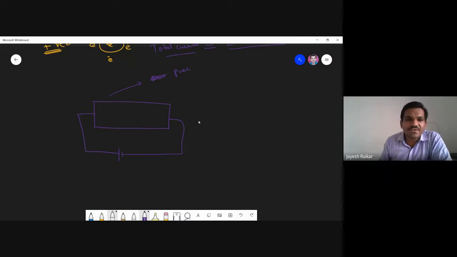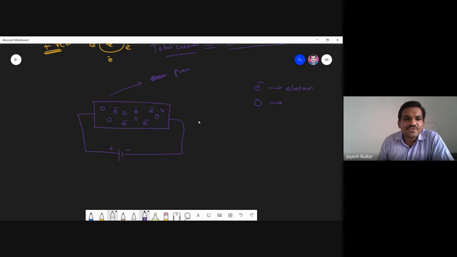In the pure form we have electrons and holes. I will represent electrons with the letter E, and holes with this circle. So these are the holes. Then I have connected the positive and negative terminals of the battery. Now what happens?